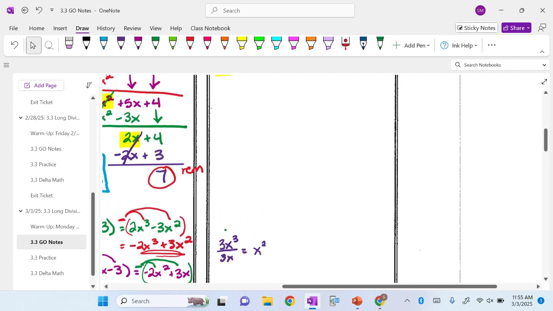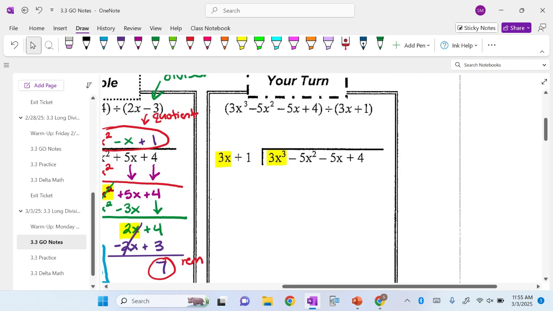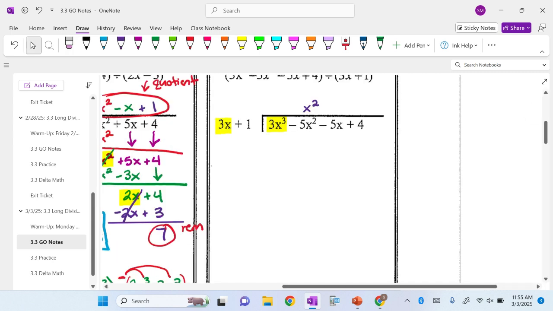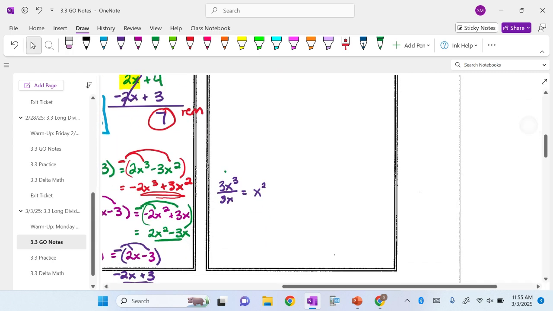So I'm going to write this up here above my x squareds. Now, I got part of my quotient. Now I need to figure out what I need to subtract from my dividend.